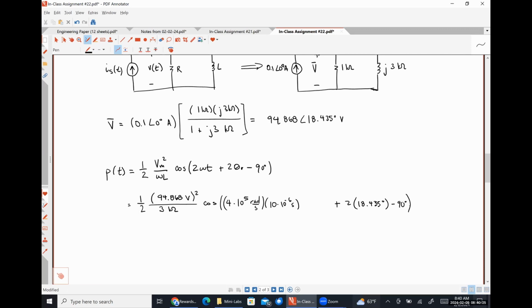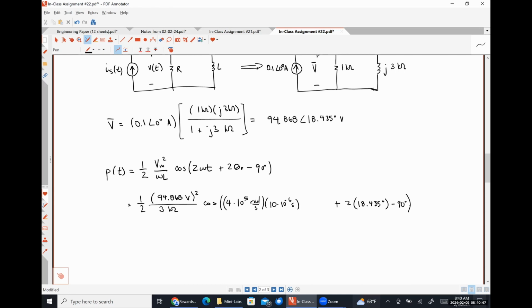Our phase angles have all been expressed in degrees. So we have a little bit of a problem here, in as much as our calculator can't interpret radians and degrees at the same time. I always choose to express my angular frequency effectively in degrees per second for this thing, just because my calculator 99% of the time is in degree mode already.